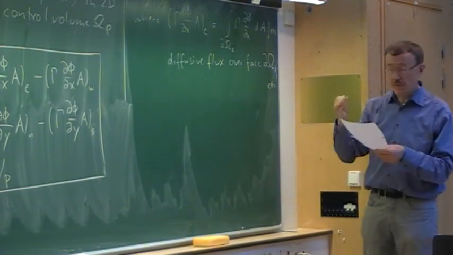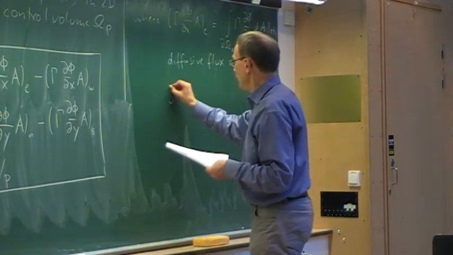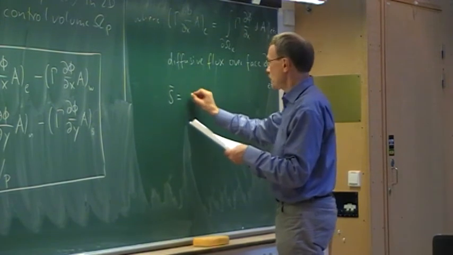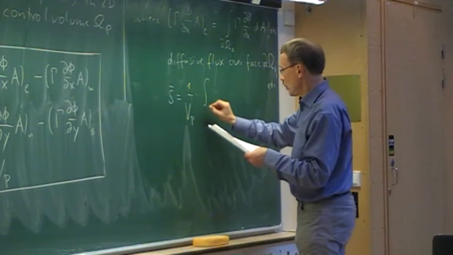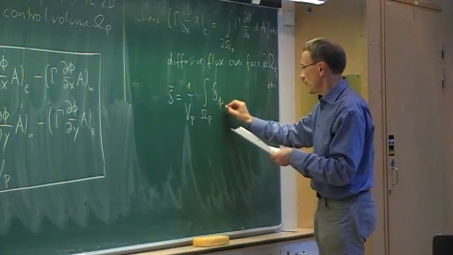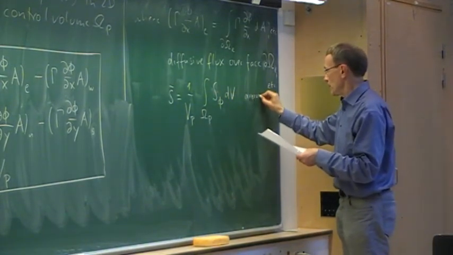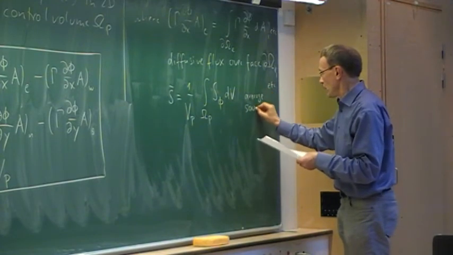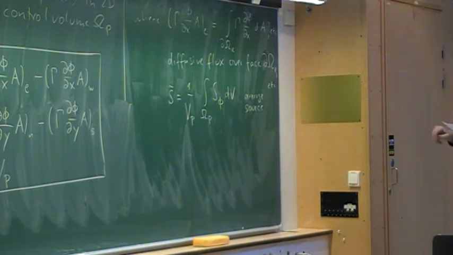So we have the diffusive flux over the eastern, western, northern, southern faces, and the S bar, the average source, that is 1 divided by the volume of the control volume omega p times the integral of the source term S phi. That is the average source that we have here. So we have the expression that we also have in the equation, divided by dp, then we have the average source.